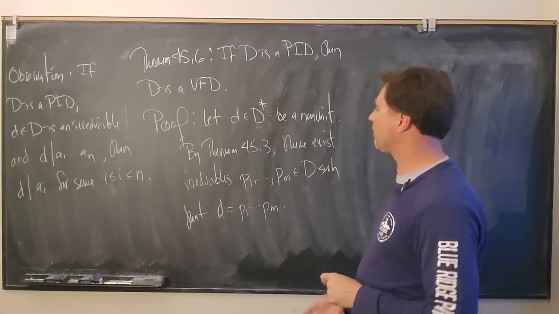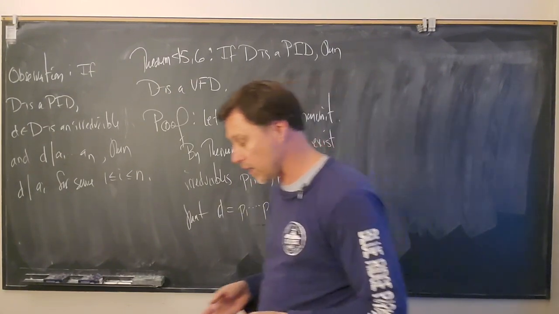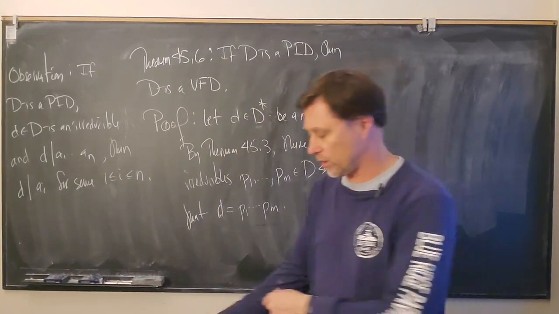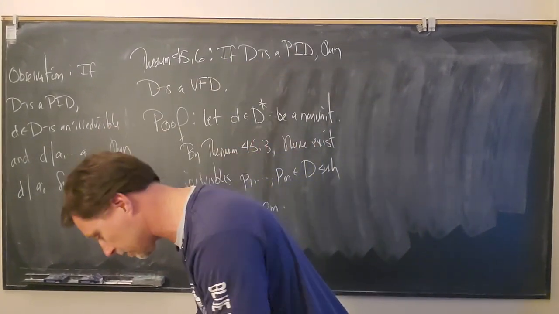So we know that a factorization exists. Now we need to show that it's unique up to reordering and sliding units around, so up to reordering and associates.